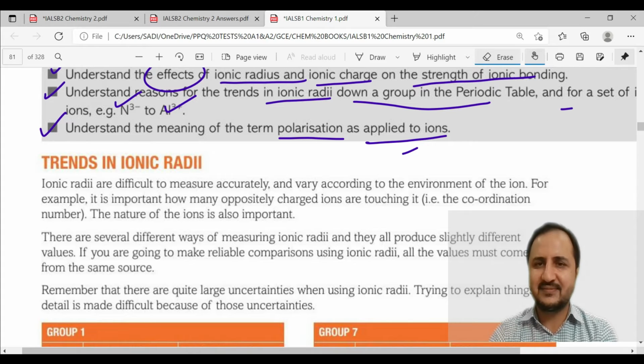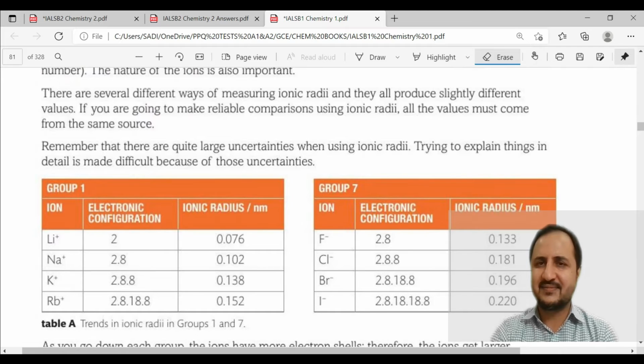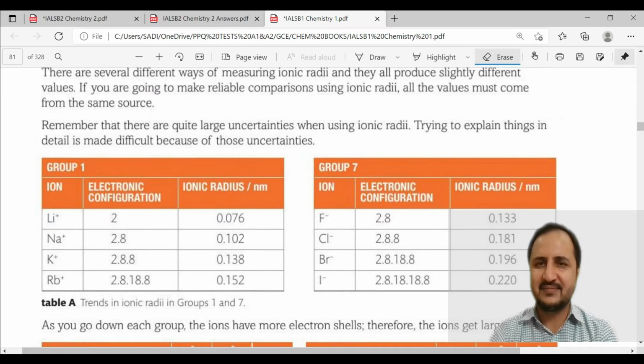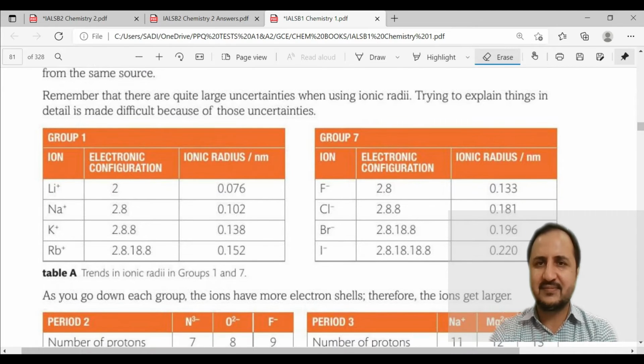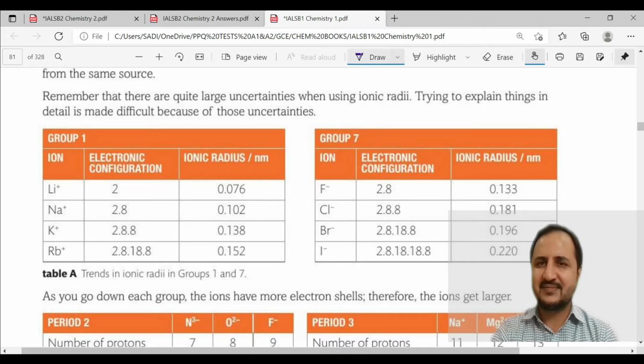Okay, now let us see how the ionic radius is basically seen here. Some of the tabulated information is in front of you, which I'm displaying right now. Group 1 elements are there, and we'll see the trend in the ionic radius. You can see there's lithium, and I'm moving down the group, the alkali metals.